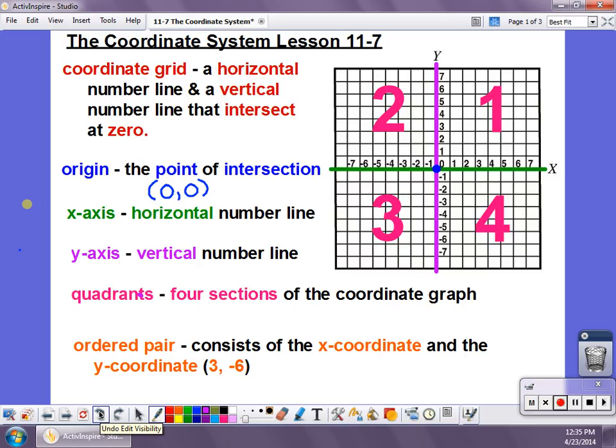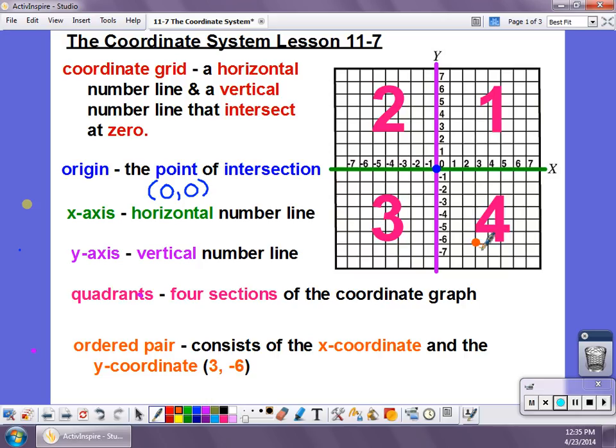And then finally, you'll see that we have things that we call ordered pairs. Ordered pairs are a way that you can tell where an exact point is. An ordered pair is almost like the directions on how to get to a certain point. You have this point here. The directions, or the coordinates, would be to go over 3 and down 6.